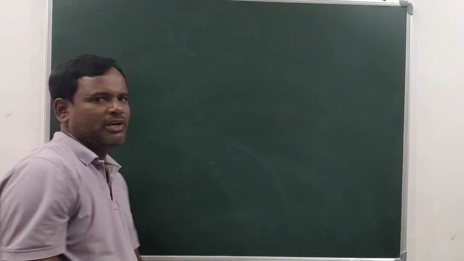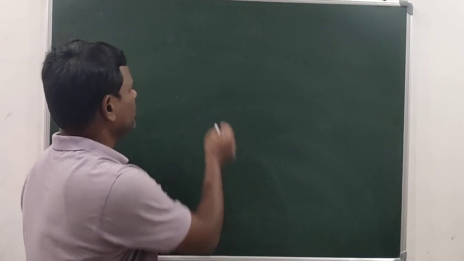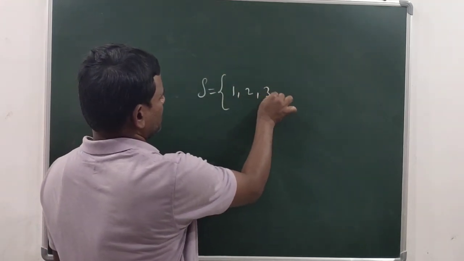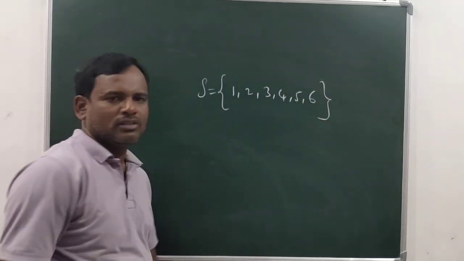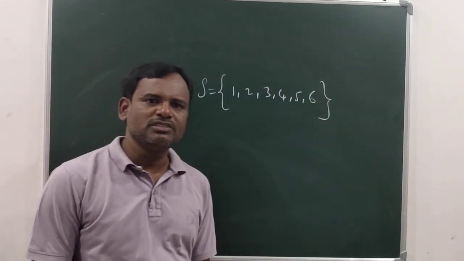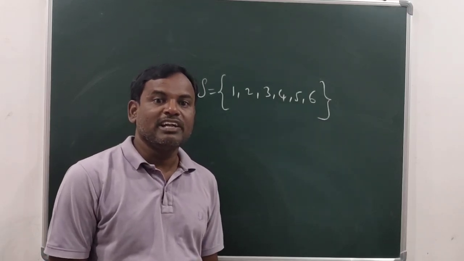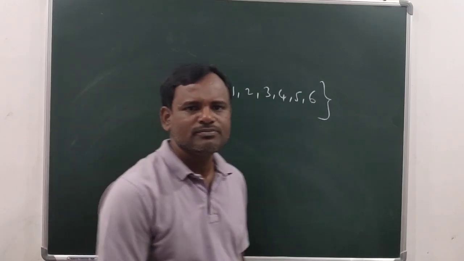Sometimes the probability of an event may be 0. For example, I give you this: 1, 2, 3, 4, 5, 6. This is the sample space for throwing a dice. What is the probability of getting 7 when you throw a dice? Is this possible?